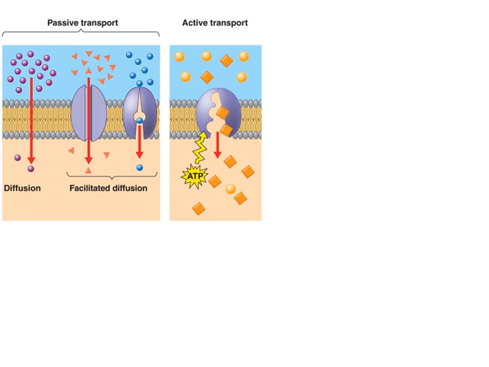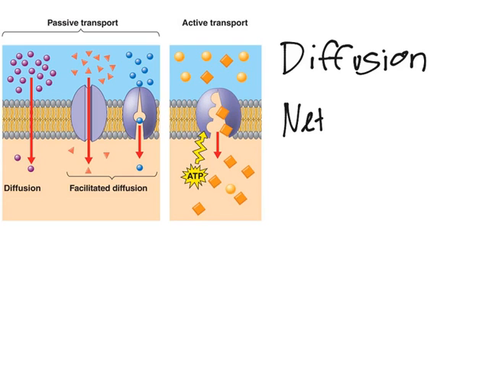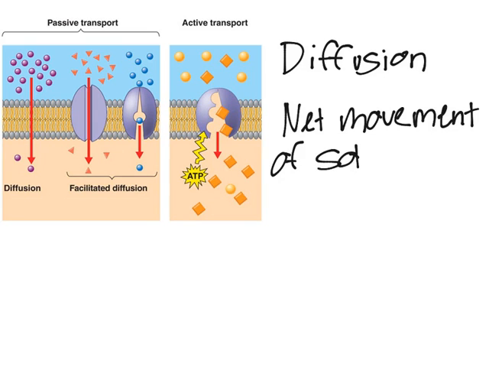So one type of passive transport is diffusion. And diffusion is the net movement of molecules, more specifically of solute particles, down a concentration gradient.